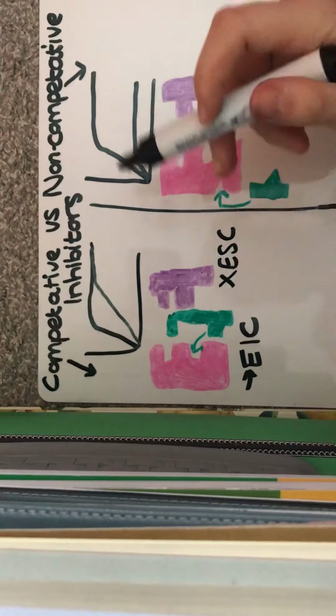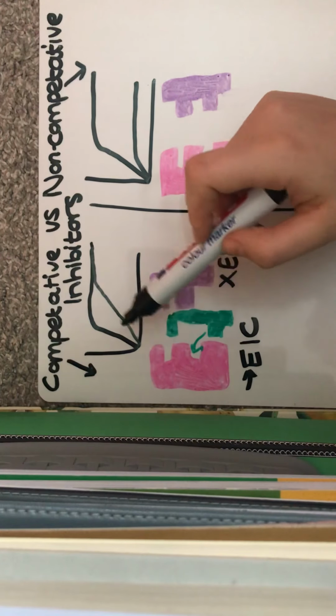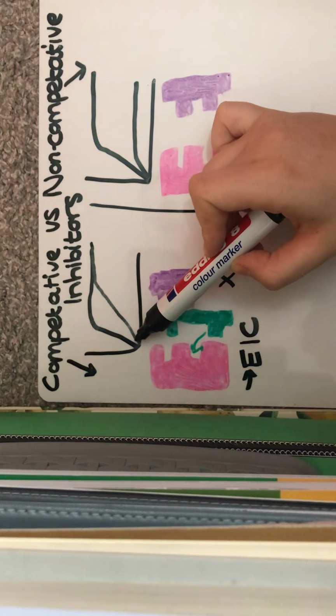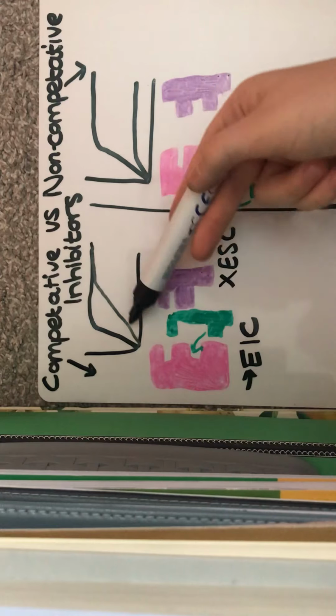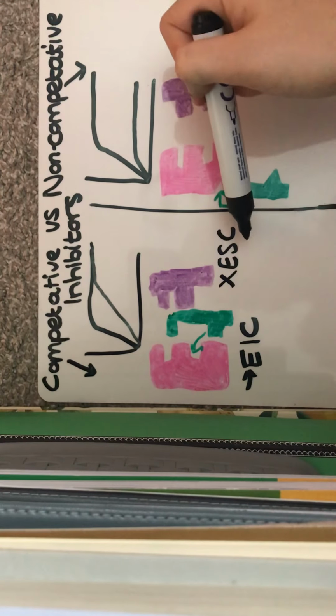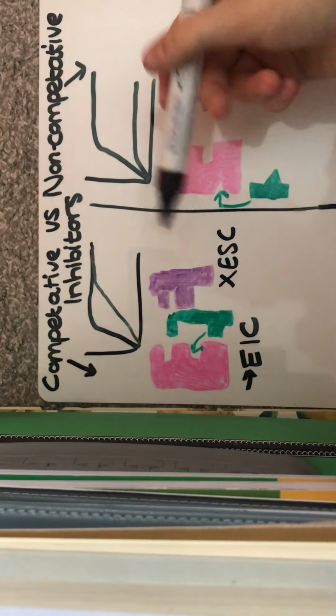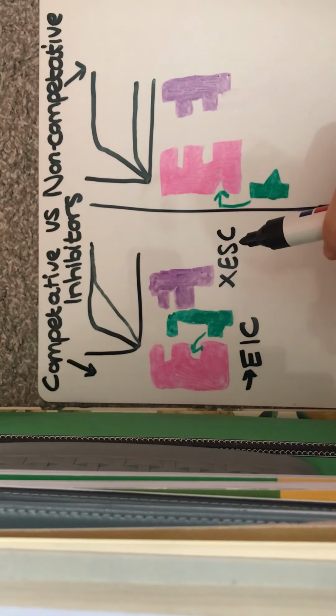So this, if you can imagine here, is slowing the rate of reaction because we can't form any enzyme substrate complexes.